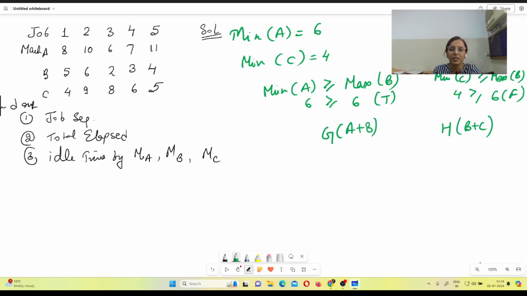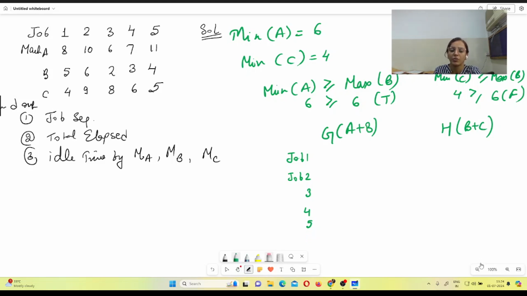Write down the job sequence over here as we have done before: job 1, job 2, 3, 4, 5. We have only 5 jobs, so there is no need to write job number 6.